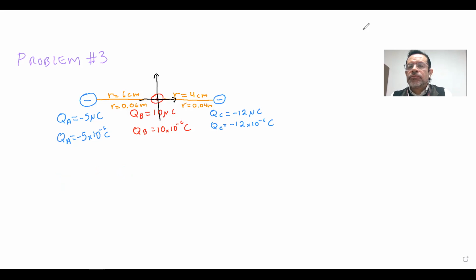I'm going to use 2 colors I haven't used. Let's use light blue. There's going to be a force AB between those 2 charges. That's K multiplied by QA multiplied by QB divided by R AB squared.